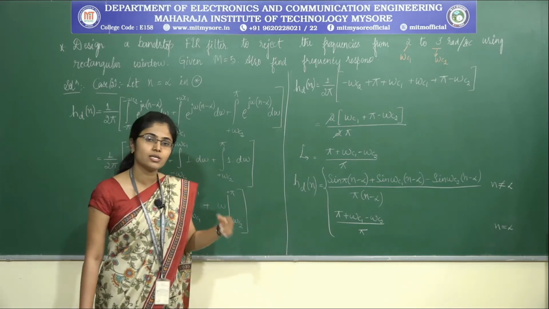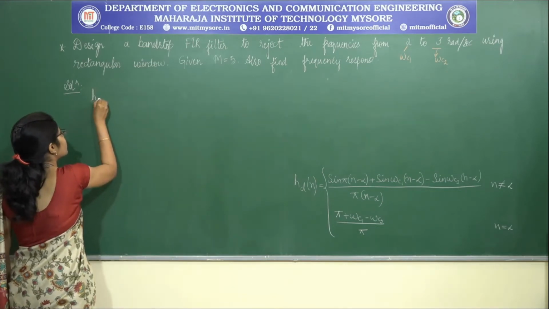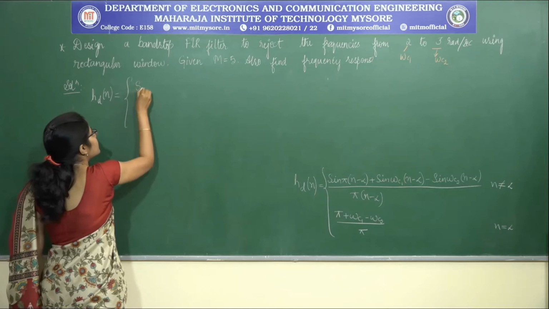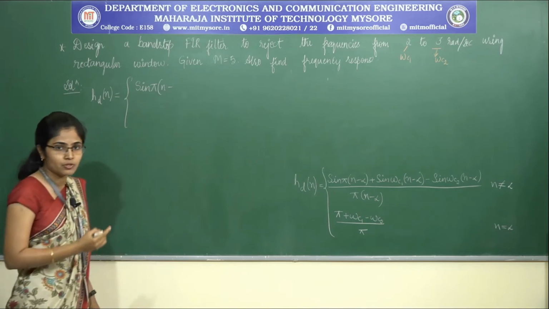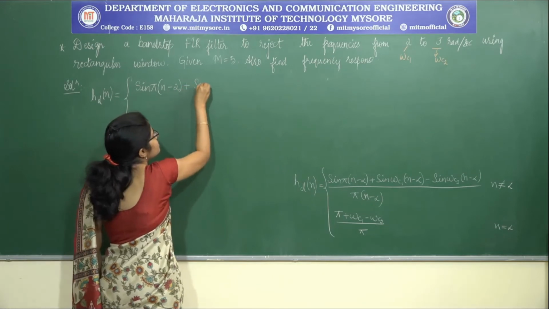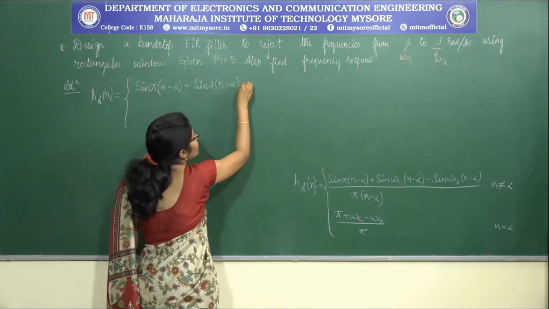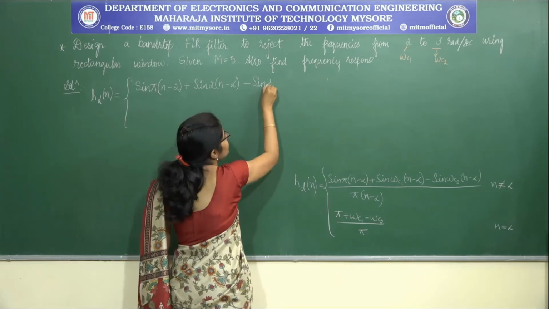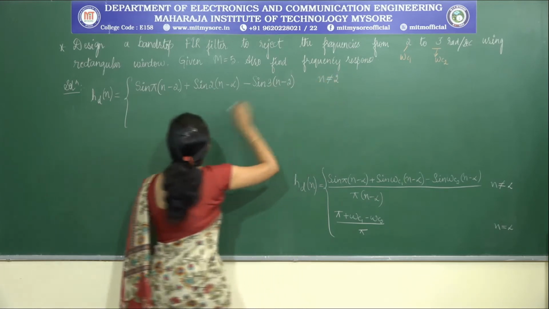Then with the help of this equation, let us try to find out h of n. I have the standard equation. In this, let me substitute the values of omega C1 and omega C2. So if I do so, sin pi remains as it is into n minus the value of alpha, which we found out was 2. So I will substitute the value of alpha also, plus sin omega C1 value is 2 into n minus alpha, minus sin omega C2 is 3 into n minus 2, when n is not equal to 2.